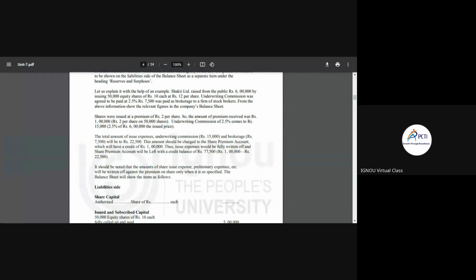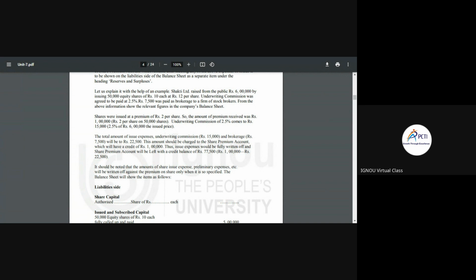So first of all, the premium on a particular share will be rupees 2, basically 12 minus 10, so the amount of premium will be 2 per share. The amount of premium received will be 1 lakh rupees, 2 per share on 50,000 shares.